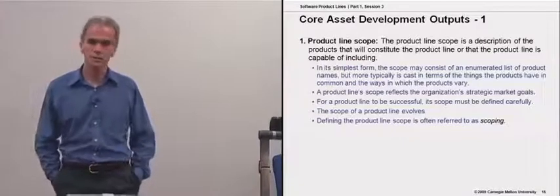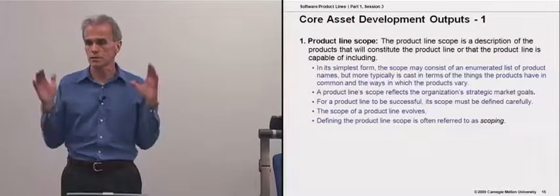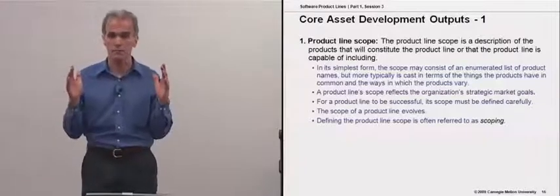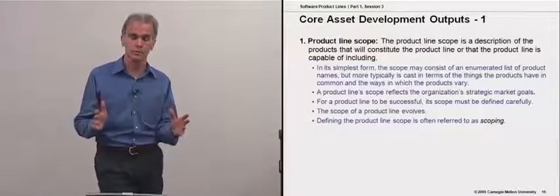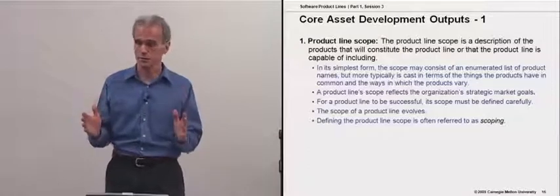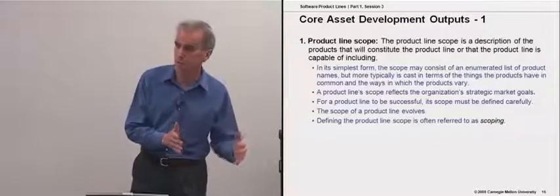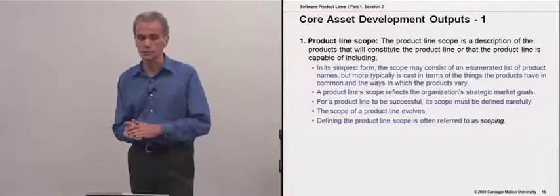The scope needs to be drawn so that you have a pretty good chance of making money out of that particular set of products, and also needs to be drawn so that what you are going after is actually technologically feasible for the organization to do.